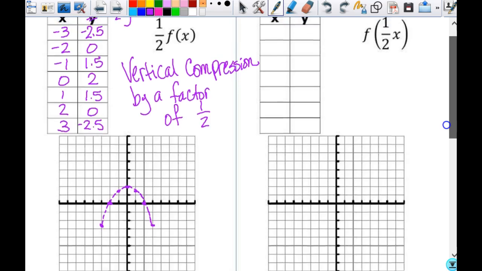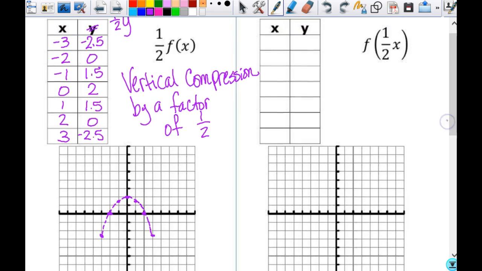All right, so now here, what's changing, your x or your y? Your x. Okay, so our y's stay the same, so this is going to be -5, 0, 3, 4, 3, 0, -5. Now, when you change x, do you do what you see? You do the opposite.